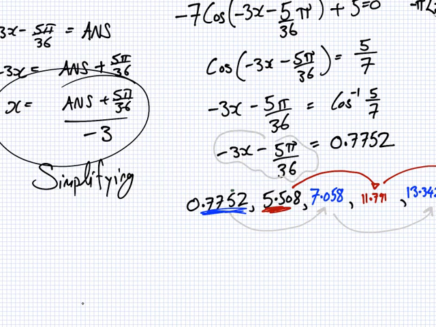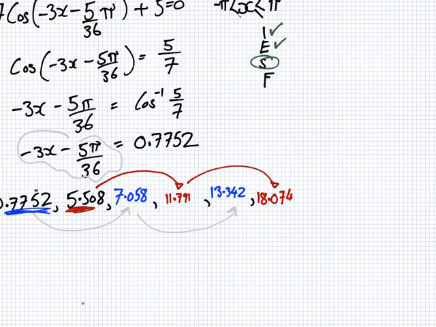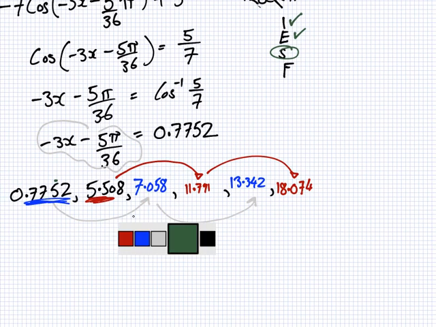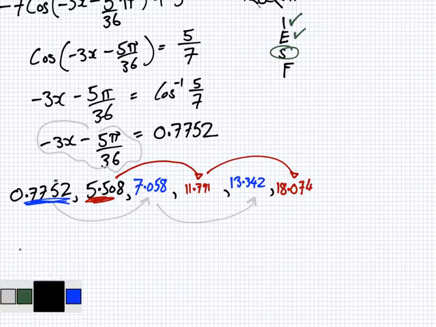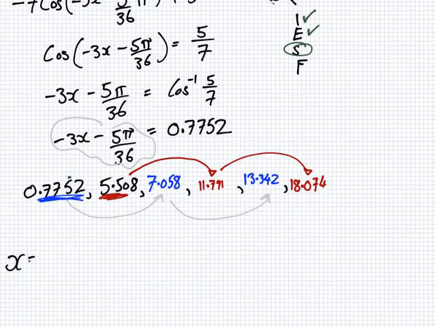Okay, back to these. Now, let's simplify these 6 answers. So, this gives me x equals answer 1, 2, 3, 4, 5 and 6.